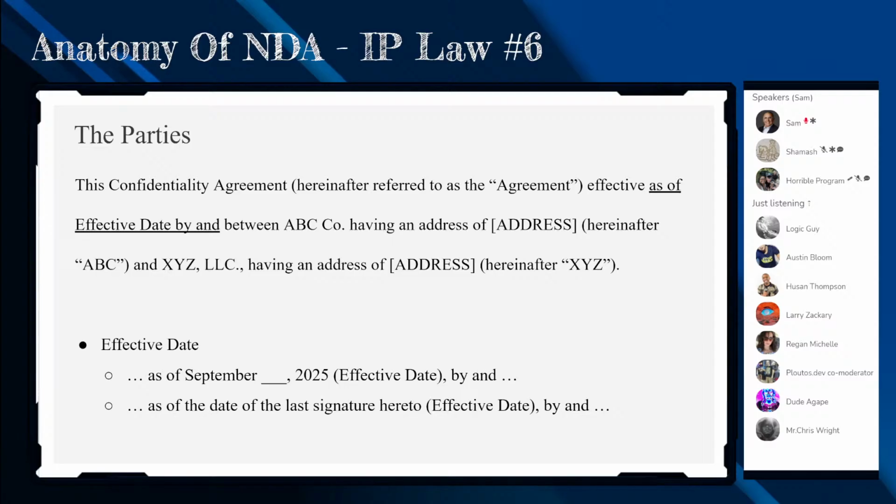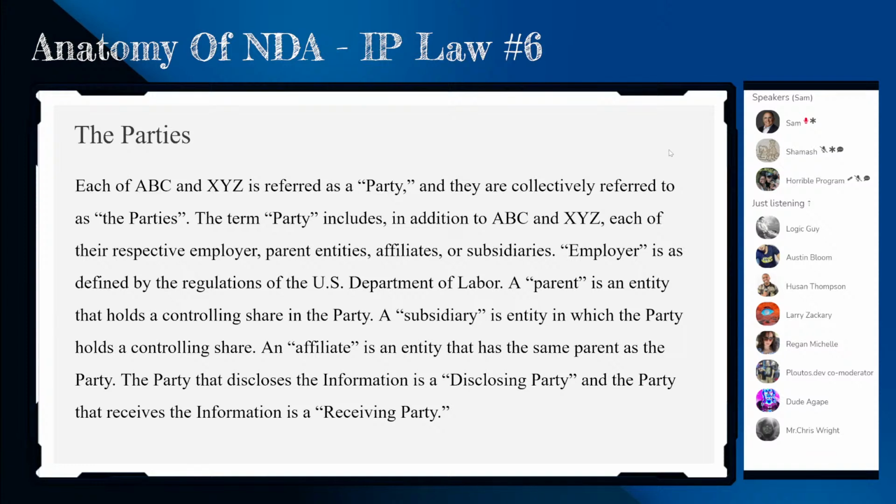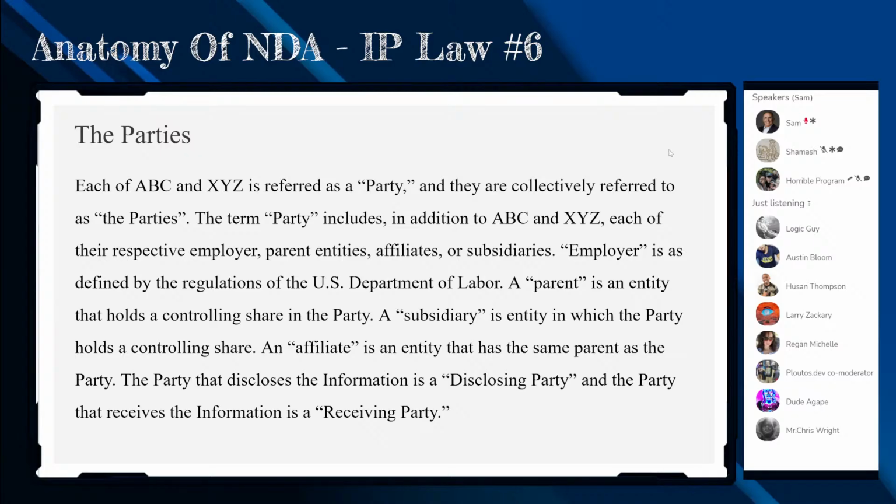But these are not the only parties, right? The parties include other people. So each of ABC and XYZ is referred to as a party, collectively referred to as the parties. But the term party includes each of their respective employers, parent entities, affiliates, or subsidiaries.